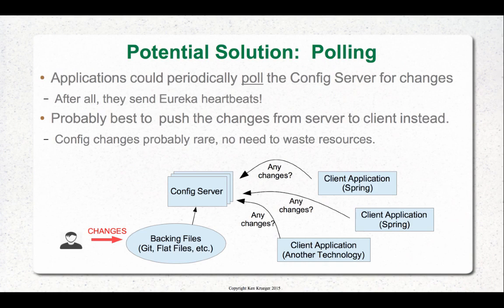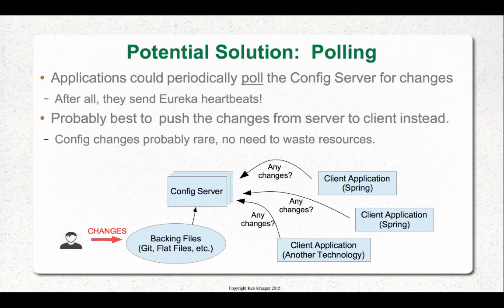Now, out in the industry, various individuals have invented all kinds of homemade solutions to this situation. One thing we could do is have our apps periodically poll the server or some other source for changes. After all, they're polling Eureka, so what's the harm in another heartbeat? Well, this will work, but configuration changes will probably be relatively rare, so maybe it's not a good idea to burn up all that bandwidth.